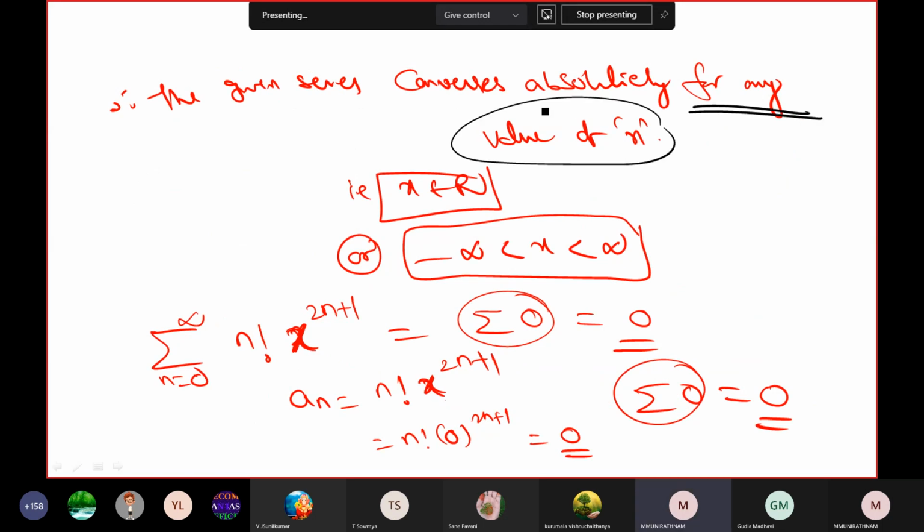Which converges for any value of x, right? So it converges for minus infinity less than x less than infinity. Then what is r now? Infinity. Radius of convergence equals infinity.